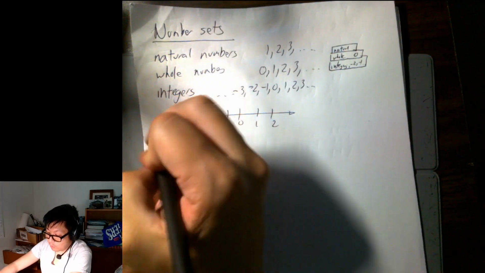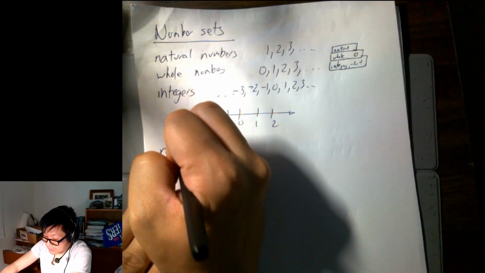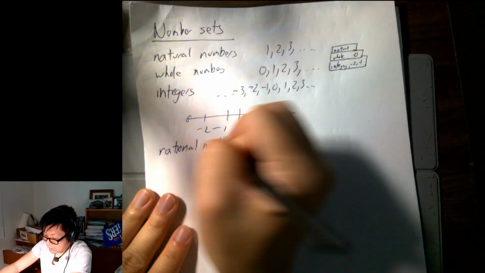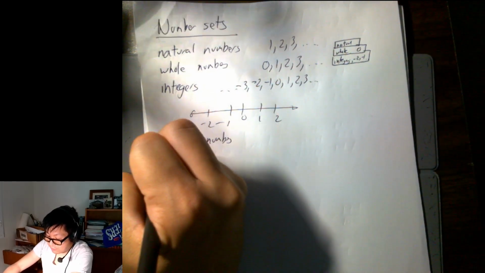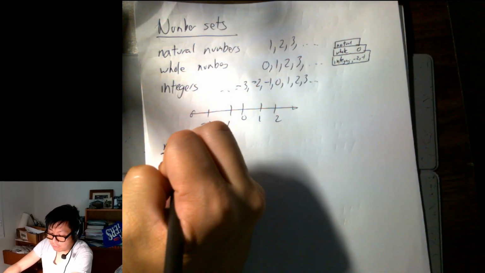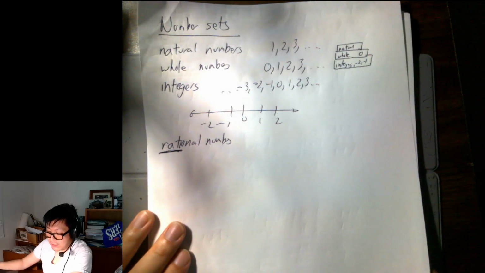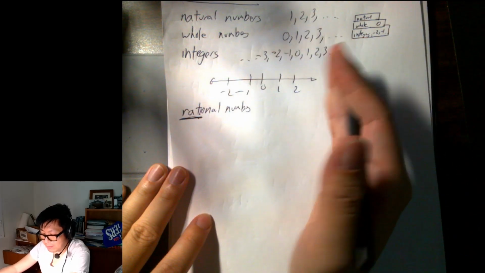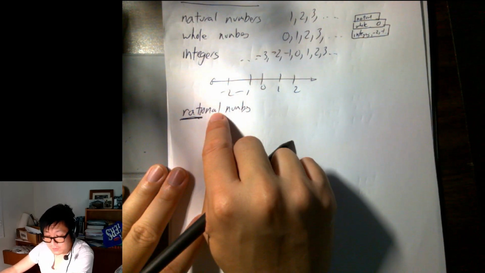The next level below that is the rational numbers. The key to remembering what these are is to look at the word ratio. Ratio is saying one number to another number, aka it's related to fractions.